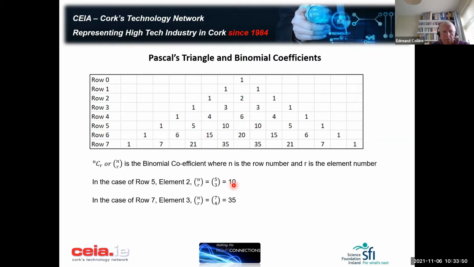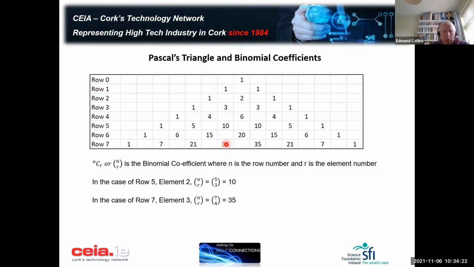So that's the value here. And the case of row 7, element 3. So that's element 0, 1, 2, 3, which is actually 4. So r is going to be 4 here. In this case, r was 3. So we plug in row 7, n equals 7, and r equals 4.